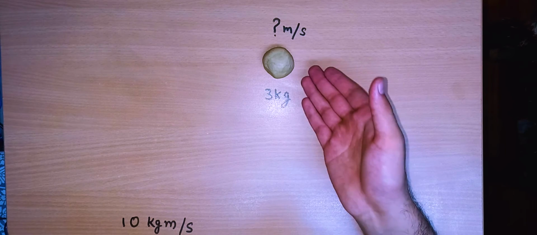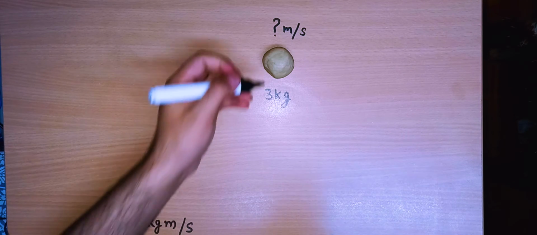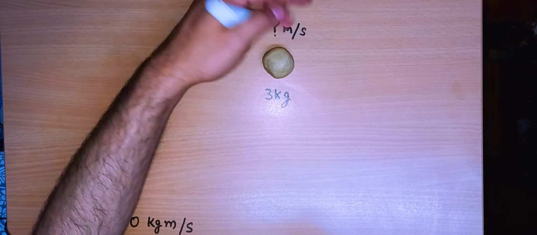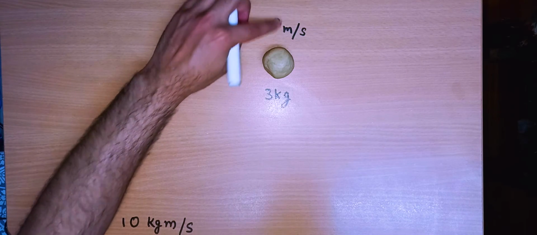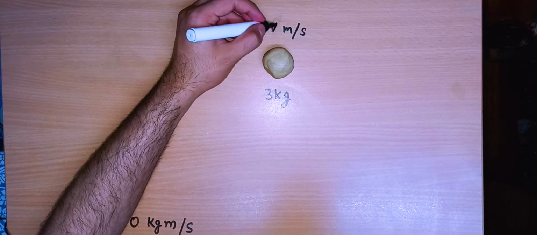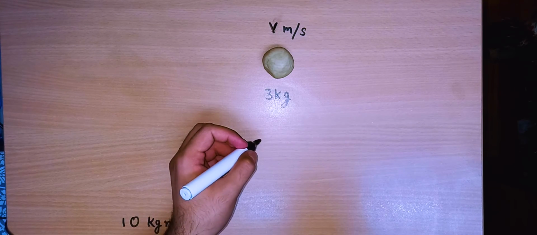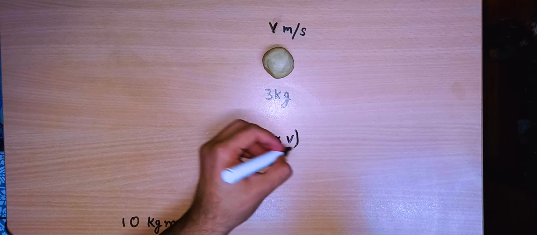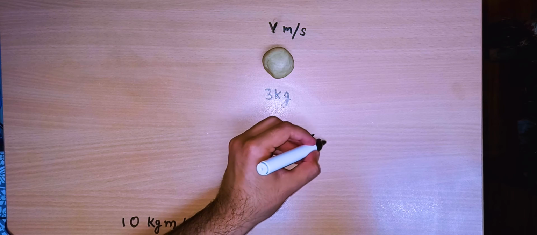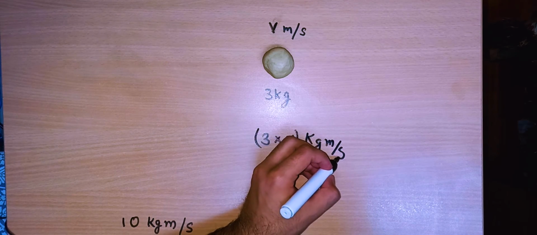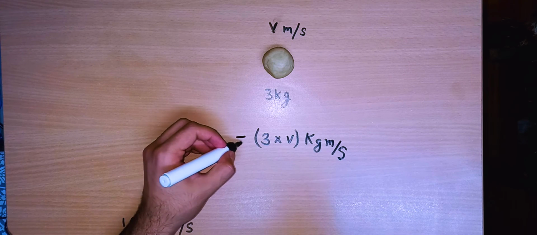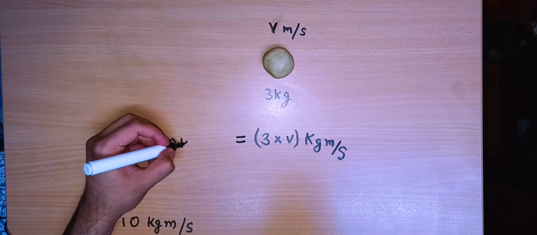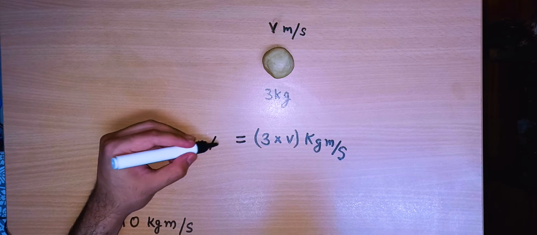Let us first find the momentum of this ball. The momentum must be its mass times its velocity. Instead of writing a question mark, let's say its velocity is v meters per second. So its momentum is 3 times v, in kg meter per second, and by the law of conservation of momentum, this should equal 10 kg meter per second.